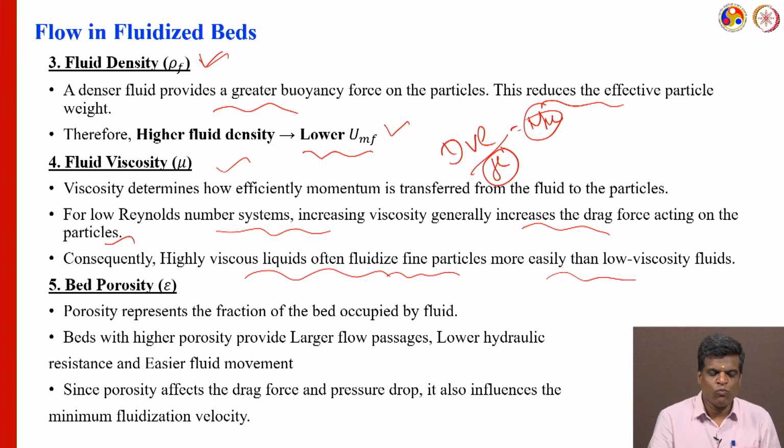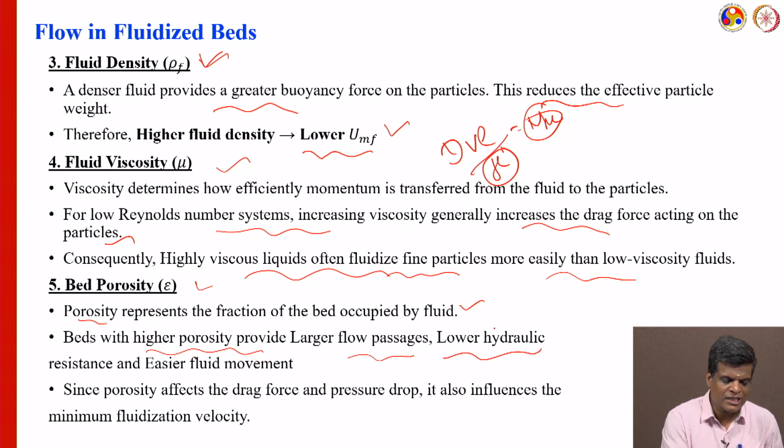Then what will happen with porosity? Porosity is the fraction of void volume, pore volume. Porosity represents the fraction of the bed occupied by the fluid. Beds with higher porosity provide larger flow passages, of course, then lower hydraulic resistance and easier fluid movement.